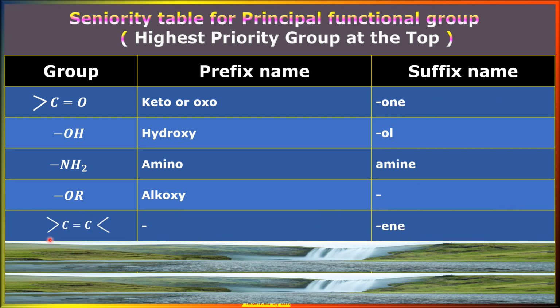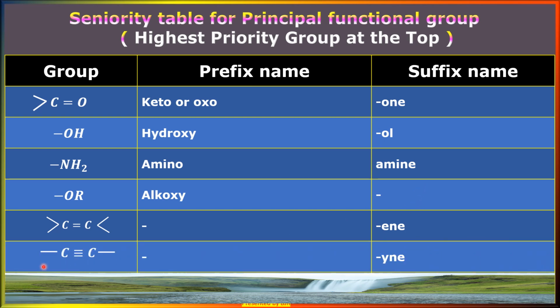Next, C double bond C, there is no prefix name for it. The suffix name is "-ene". Carbon-carbon multiple bonds, double or triple bonds, are always used as the primary suffix. Okay.